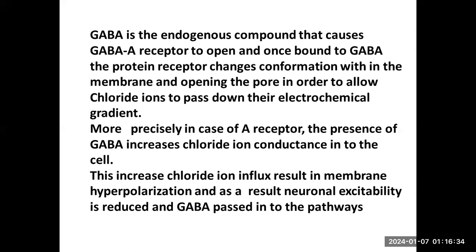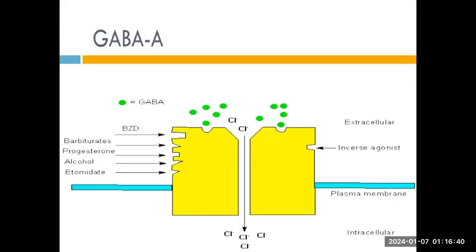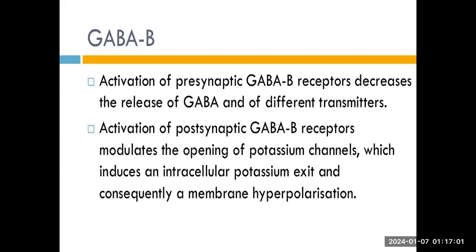Look right here. GABA binds to the receptor that opens up the pores in the membrane, and as a result, you can see right here, the chloride passes from the extracellular to the intracellular side and exerts its effect.